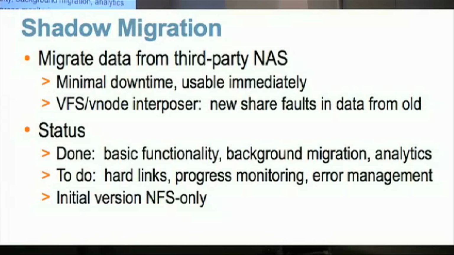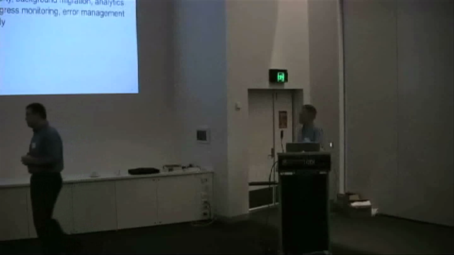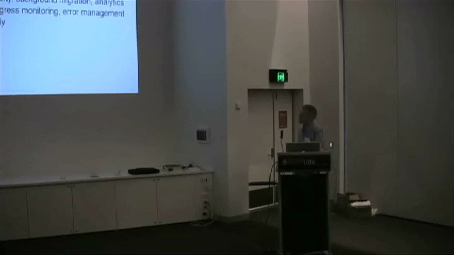So if a request comes into your shiny new ZFS filer for data that hasn't been brought over yet, the idea is that I'll just go read it from the pre-existing filer, migrate it right then and there, and then service the original request. And do this all transparently, so that the initial cutover to my new appliance is nearly instantaneous. And the data is just constantly being migrated over in the background as this migration is happening.